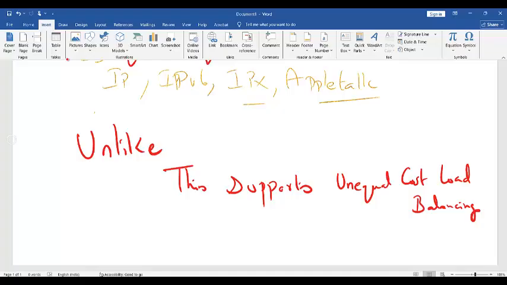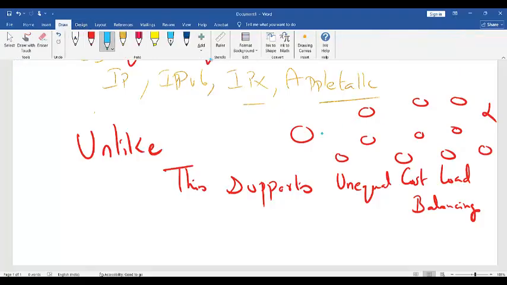What does that mean, equal cost load balancing? Say for example RIP. So there is a destination, let's say this, alpha. To reach alpha, this is one path, this is another path, and this is another path.